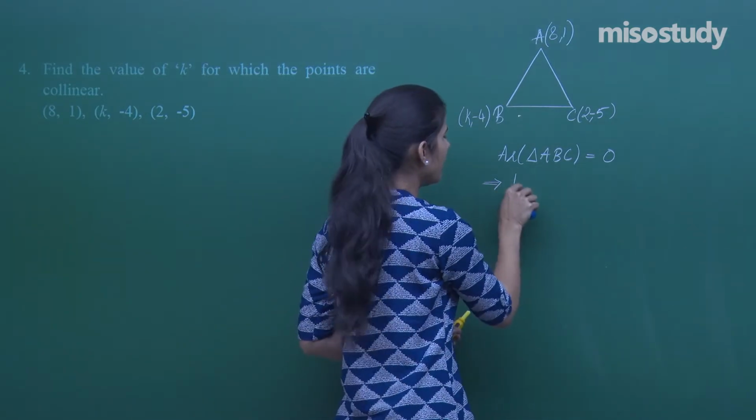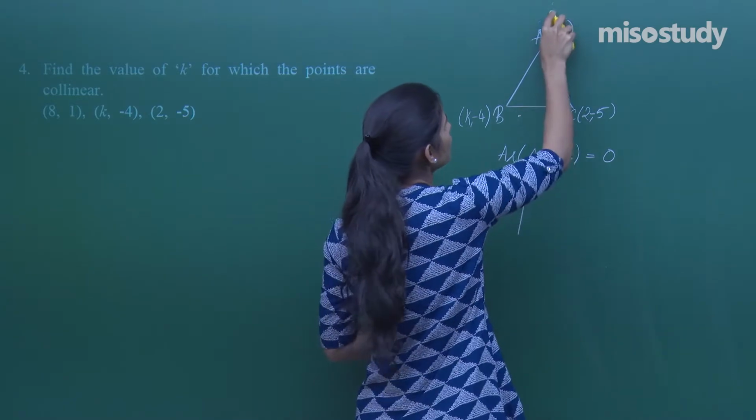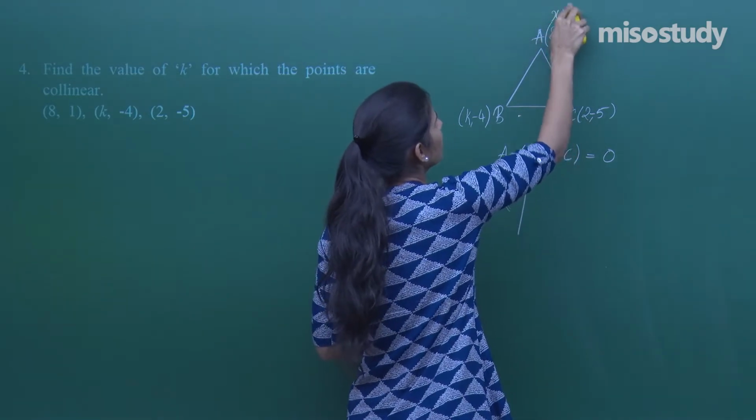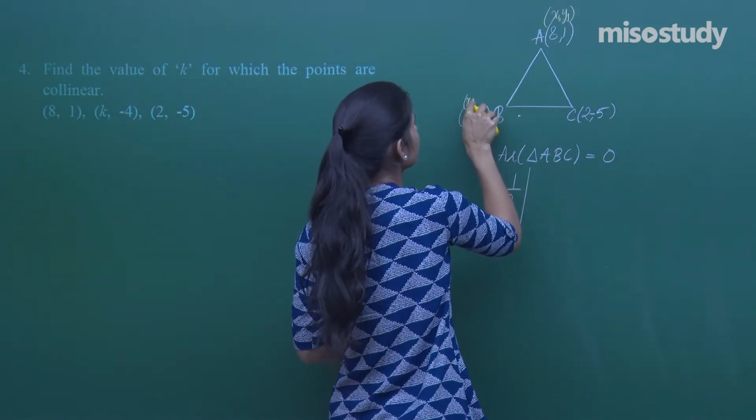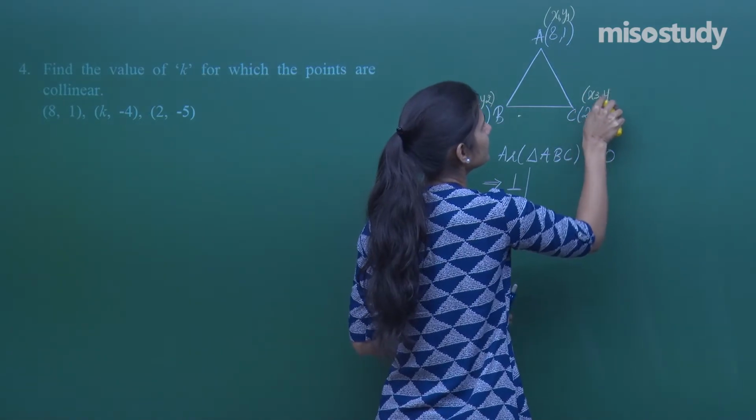You take half absolute value of x1. So first of all, mark this as x1, y1, this is x2, y2, and then this is x3, y3.